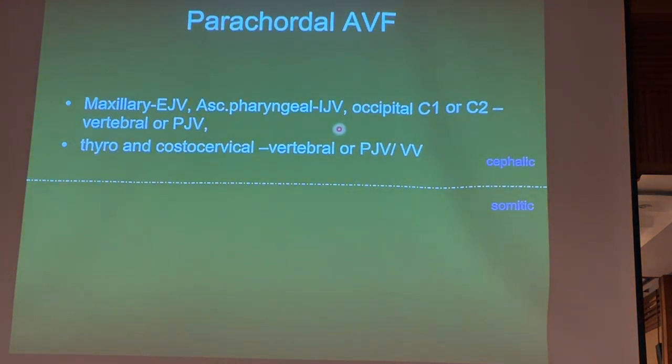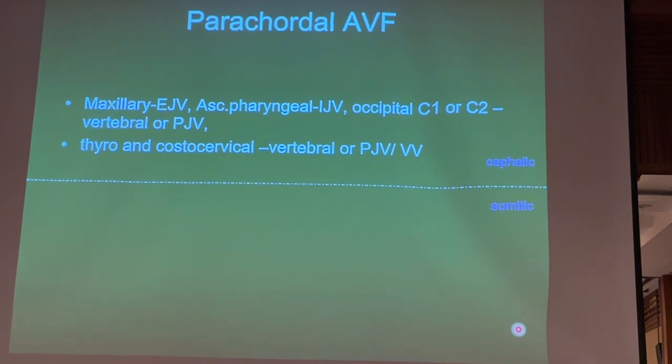So this shunt will be seen, for example, maxillary artery to external jugular vein, ascending pharyngeal to jugular vein, occipital, C1, C2 to the vertebral venous plexus or posterior jugular veins.